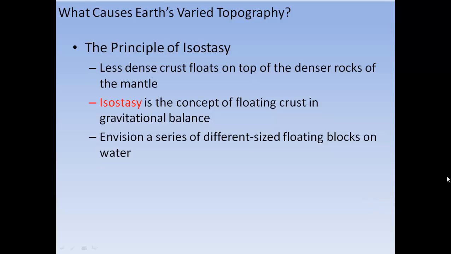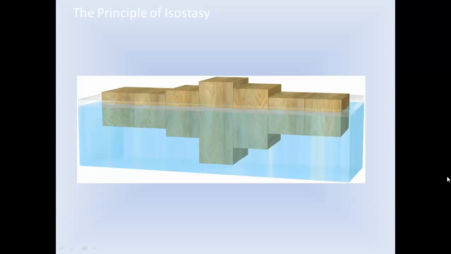Principle of isostasy: less dense crust floats on top of the denser rocks of the mantle. Isostasy is a concept of floating crust and gravitational balance. Envision a series of different sized floating blocks in water. The thicker the block is, the deeper it's going to sink, and yet the higher it's going to rise, as it displaces a volume of water equal to the block itself.